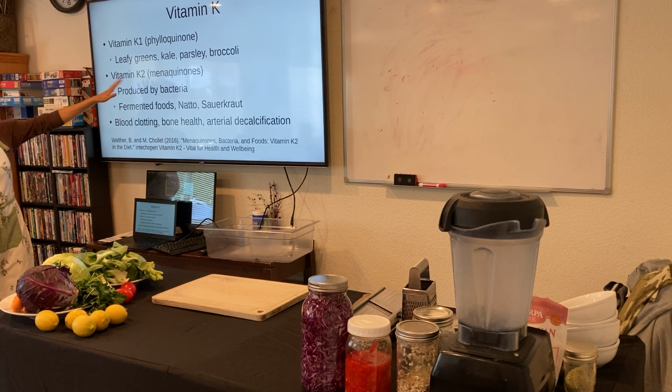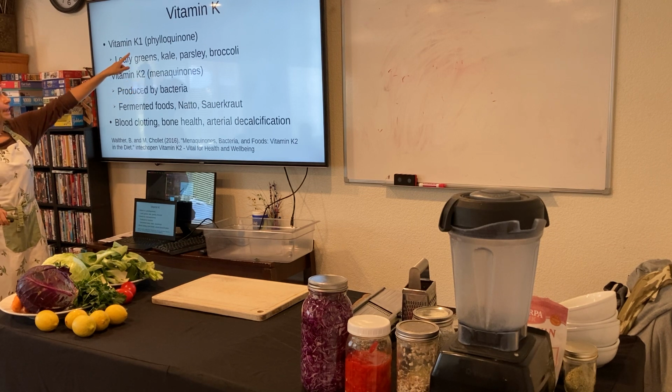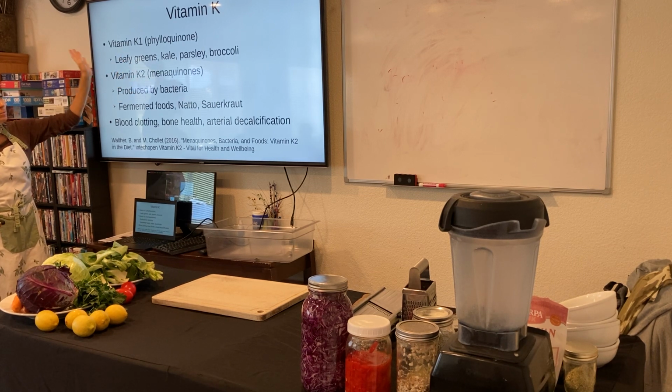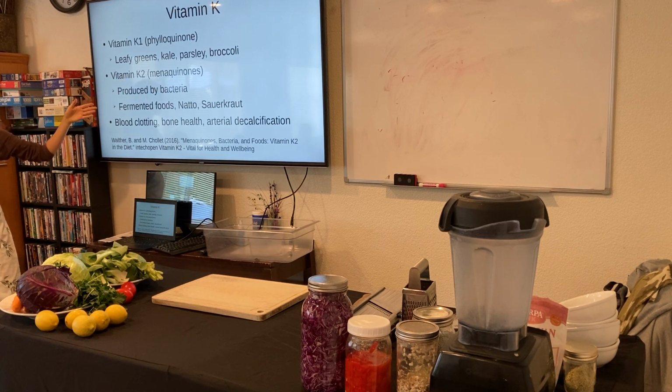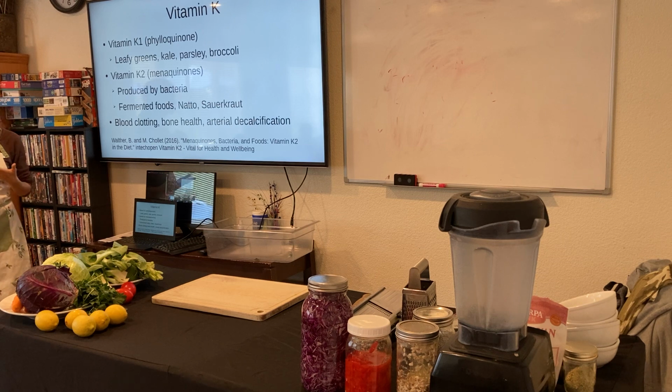Vitamin K1 you find in leafy greens, kale, parsley, broccoli. But there's also vitamin K2, and it's produced by bacteria, preferably in your gut. But if your gut microbiome is not healthy, that can potentially not be working well for you.